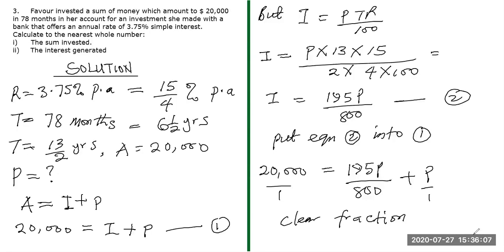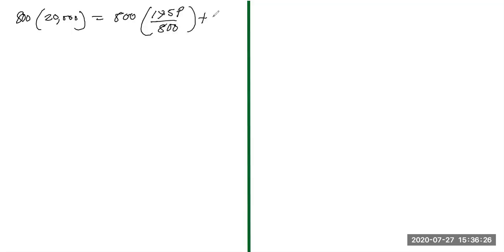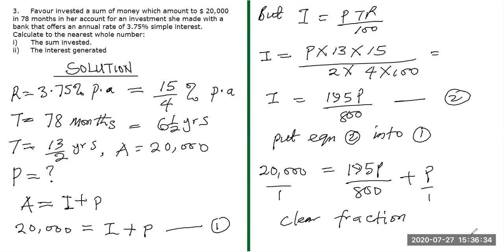So we're going to have 800 multiplied by 20,000 is equal to 800 multiplied by 195p over 800, then plus p multiplied by 800. So we have multiplied both sides of this equation by 800.